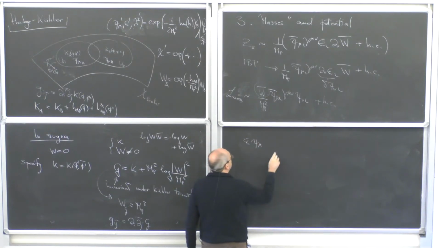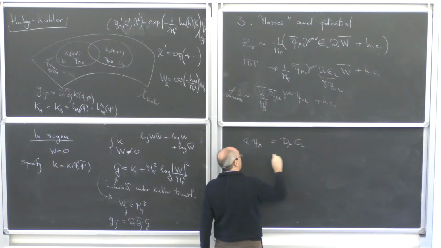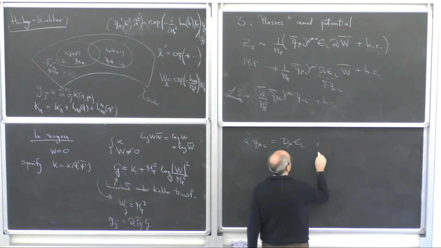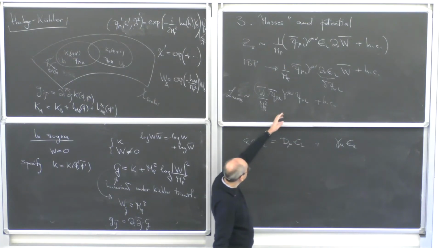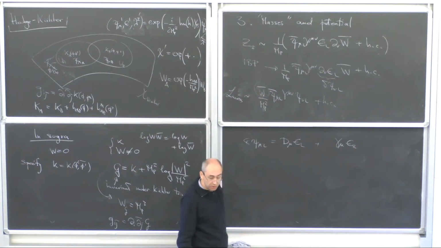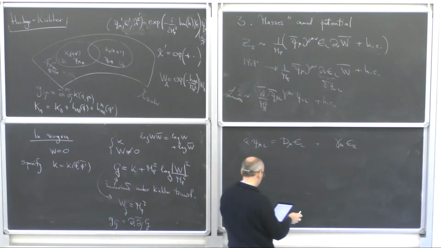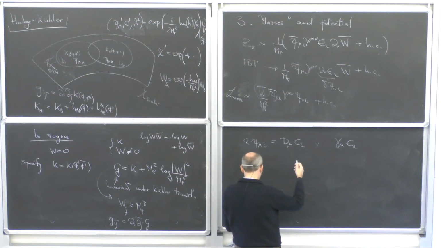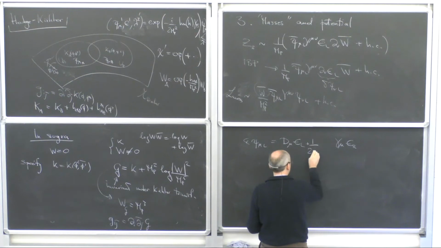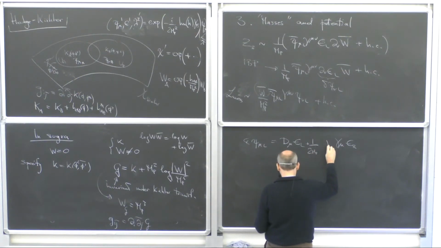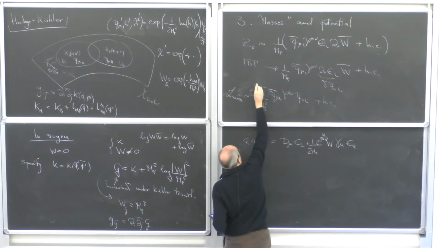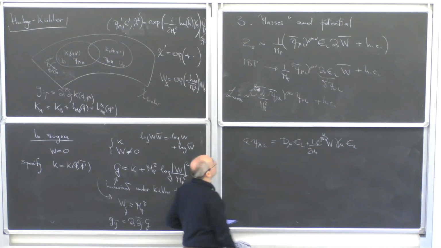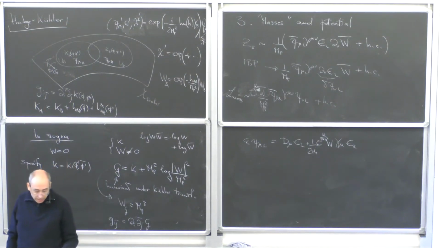The gravitino variation will not just have the covariant derivative of the supersymmetry parameter, but now has a new term which goes with gamma times the supersymmetry parameter, and in front there must be G, the coupling constant, which in this case is the superpotential, and which will come with a certain coefficient, which I already forget, but it's not too important, plus 1 over 2 MP W. And of course, for the same reason that we discussed before, the covariantization of the expression requires that we dress the superpotential by an exponential of the Kähler potential.